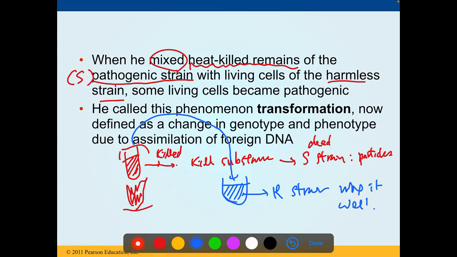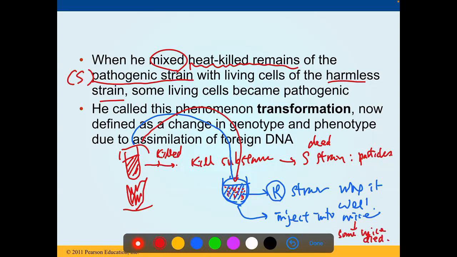And then you use this R strain and then inject into mice. Okay, and then what will happen is that although that was the R strain, if that was mixed with this debris of the S strain, which is dead S strain, some mice died.